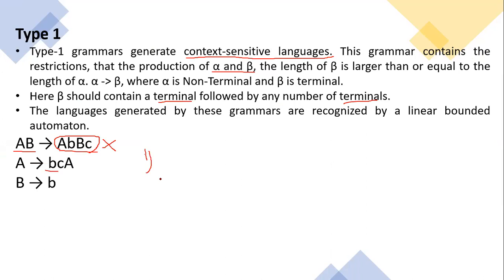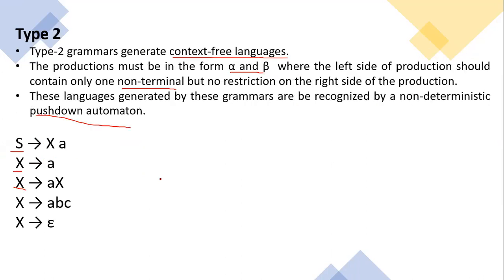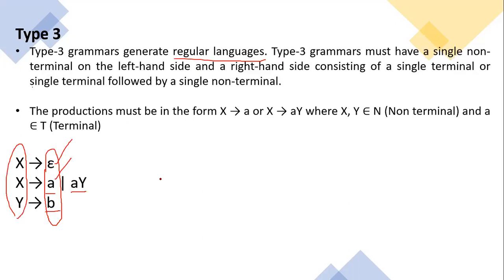Type 2 is the context-free language accepted by pushdown automata. Here the condition is that the left side has only one non-terminal, and on the right side there is no restriction. And in type 3, the left side has only one non-terminal, and the right side has a terminal itself or a terminal followed by one non-terminal. This is the type 3 grammar.